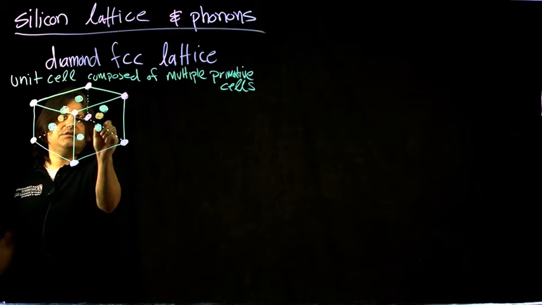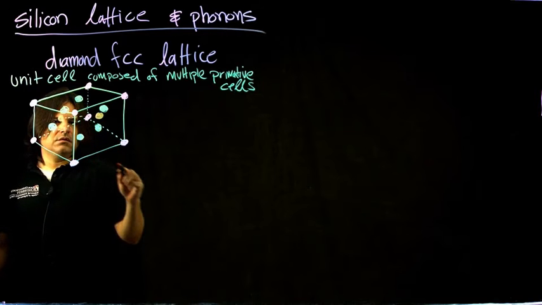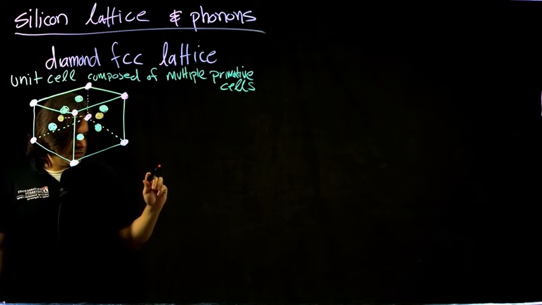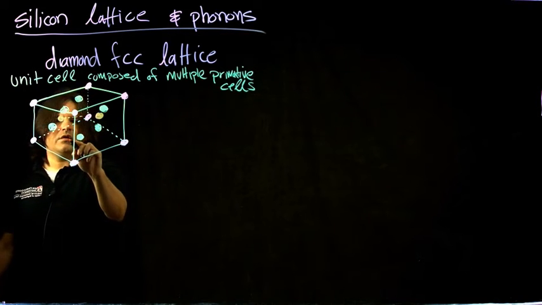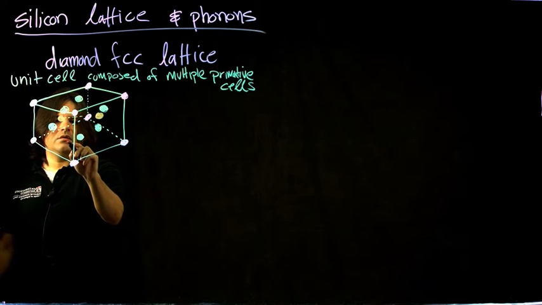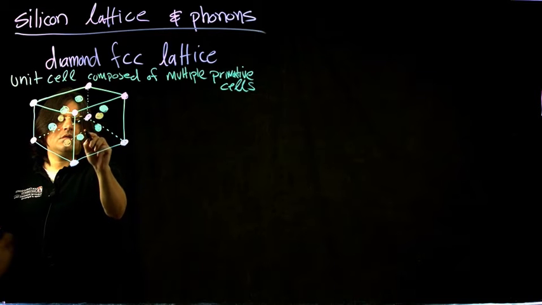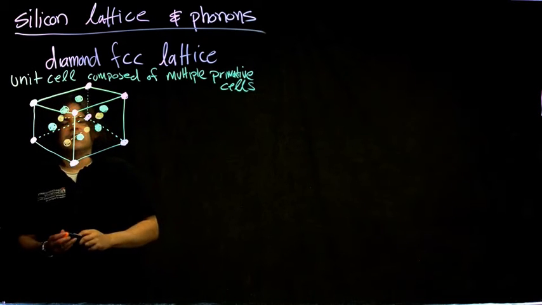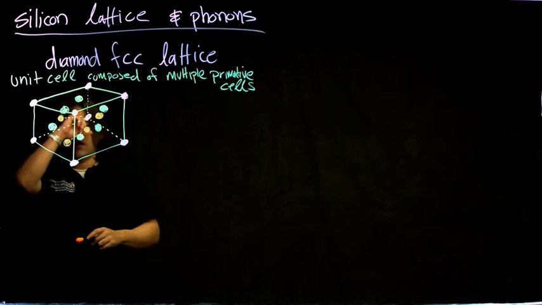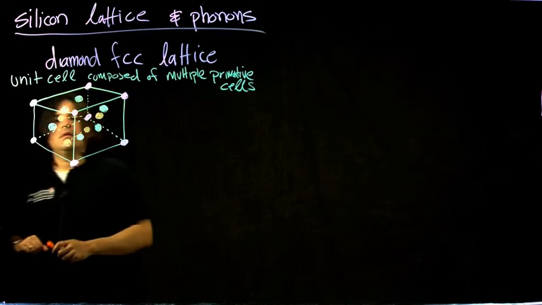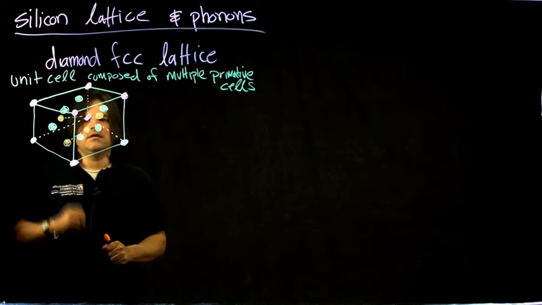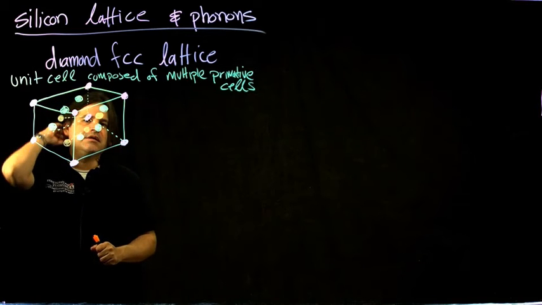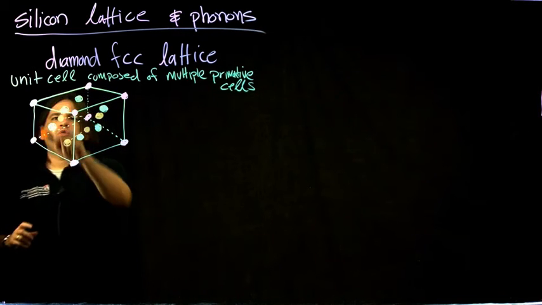Let's connect these. They're not really connected, but I'll just draw it so that you guys can keep track of where I'm trying to go. So that's how this face-centered cubic diamond looks. That's the unit cell.